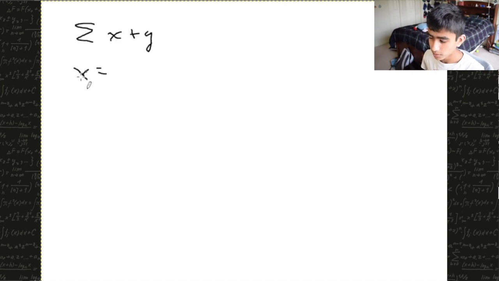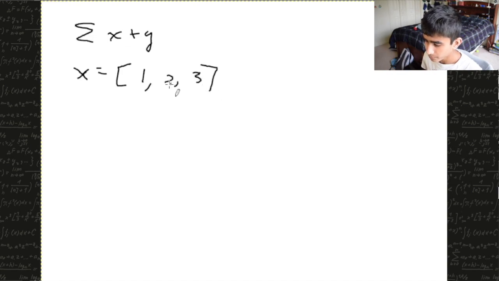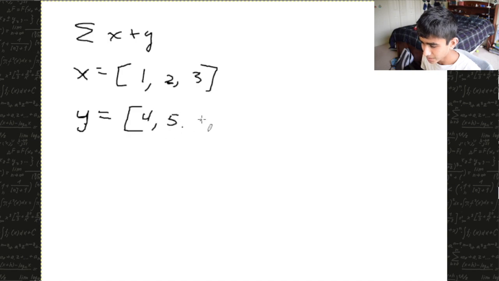So let's say we have the sum of x plus y. And then the x values can be 1, 2, and 3. And the y values can equal 4, 5, and 6.